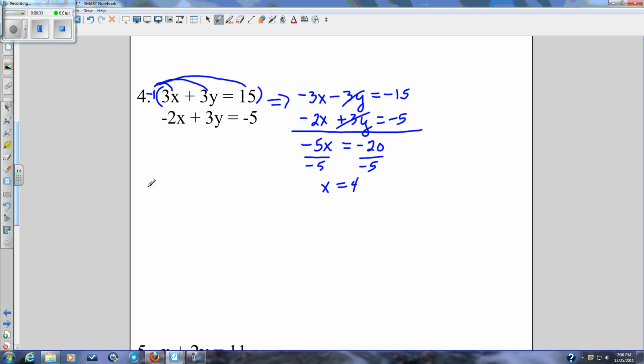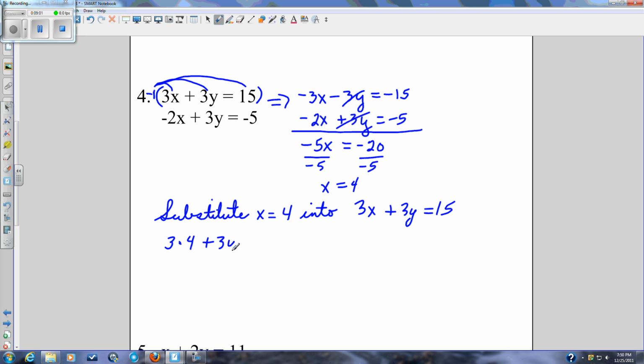Now we need to solve for y by substituting x equals 4 into one of the equations. And it's up to you which one you want to use. Let's say we use the first one. It doesn't really matter. So we're going to have 3 times 4 plus 3y equals 15.